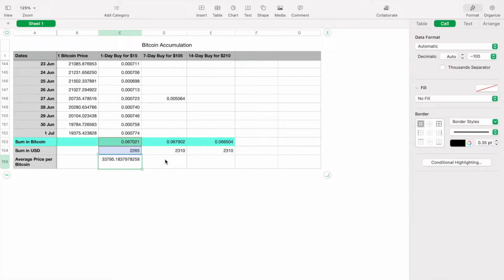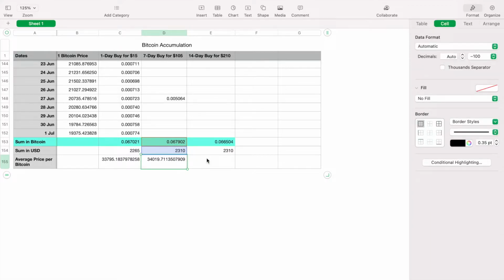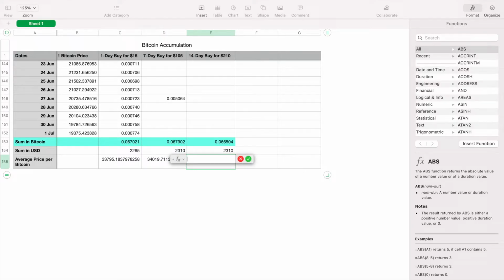The average price, or cost, of my owned Bitcoin is $33,795. The goal with the DCA strategy is to have the smallest cost as possible. Remember, buy low, sell high. Now I'll run the numbers for the weekly purchase and the bi-weekly purchase to see their respective average cost.